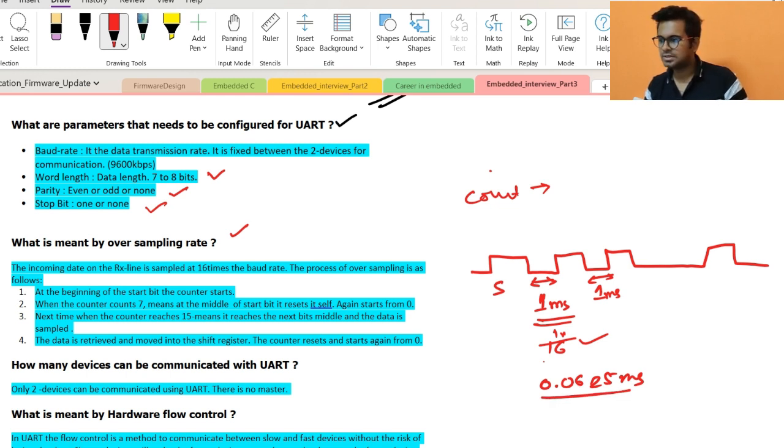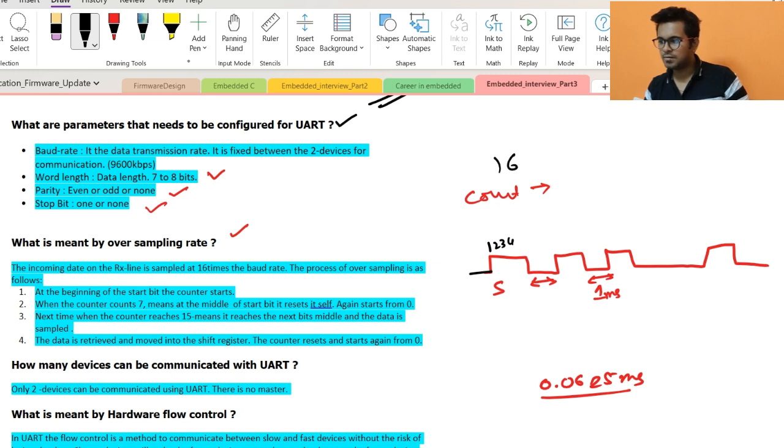So what happens here? Whenever there is a start bit coming, at that point the counter starts. So it will start 1, 2, 3, 4, like that. Let's say the oversampling rate is 16, so it will count to 16.